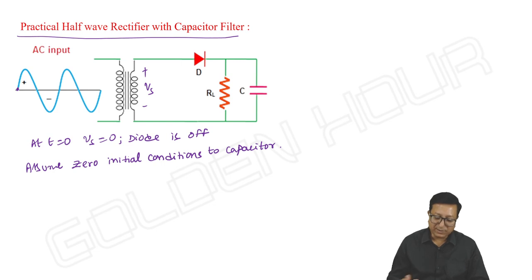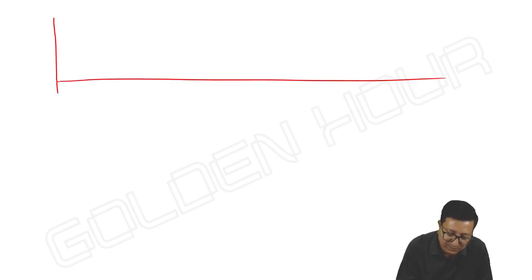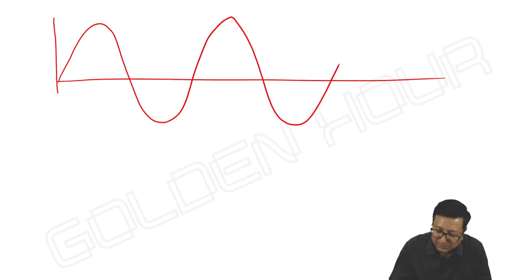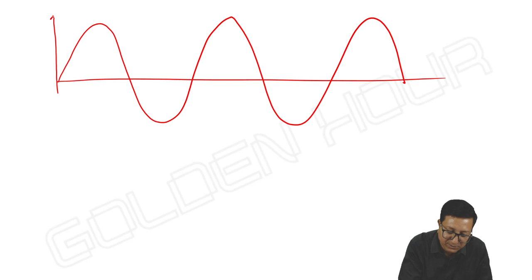Next, as usual, let me write the same waveforms here also. Vs, I'm taking the peak amplitude as 10 volts.